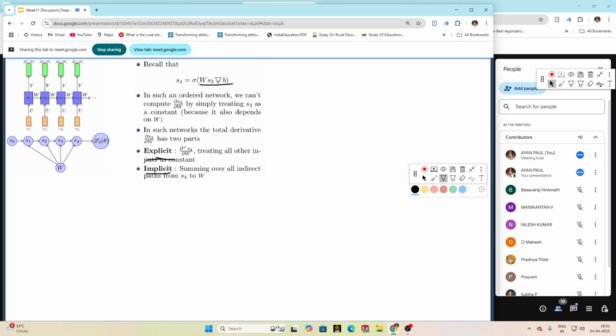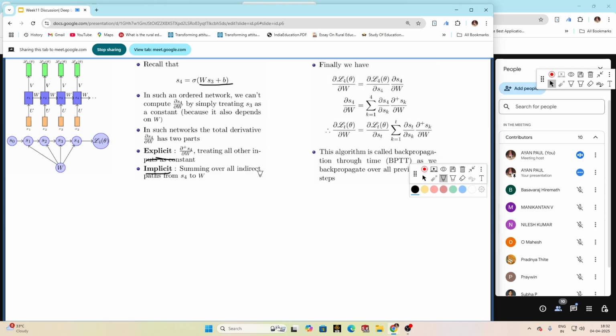For example, s3 is further dependent on s2, and s2 on s1, so for that also we have to do differentiation. The remaining differentiation, apart from this explicit del s4 by del W, is known as the implicit terms. So, explicit terms and implicit terms.